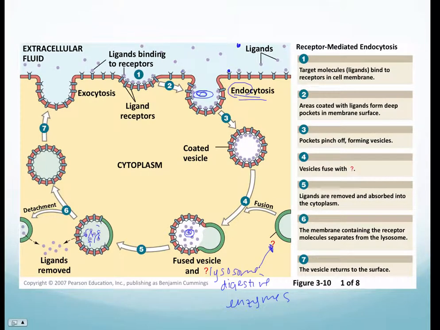Okay, and then you can expel it into the extracellular environment, or it can just remain within the cell. And after fusing that vesicle with your lysosome, you can then bring that vesicle back towards your extracellular environment, release the contents, and this vesicle itself can then become part of the cell membrane again. Okay, and this is a process of exocytosis. So exo, exiting, removing that vesicle, allowing it to fuse within this membrane.